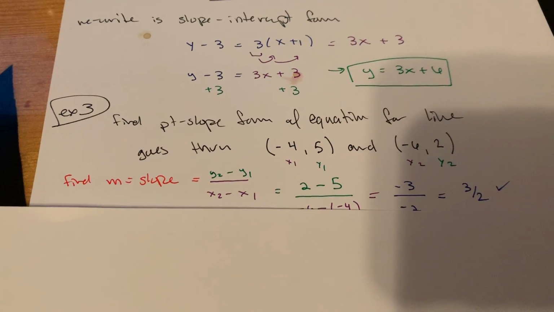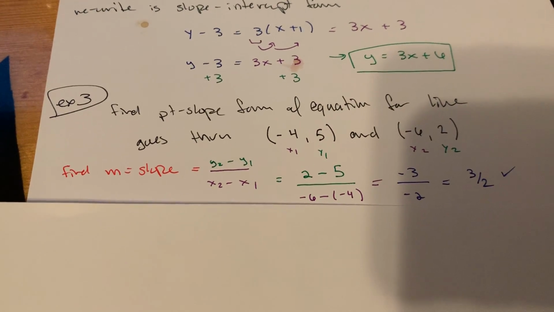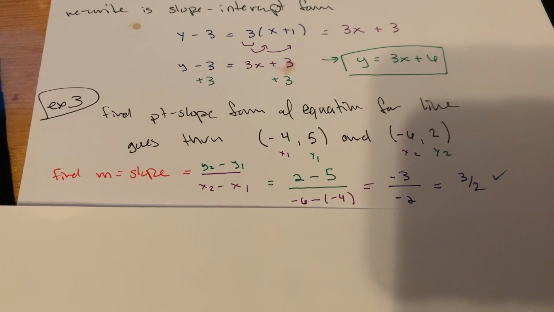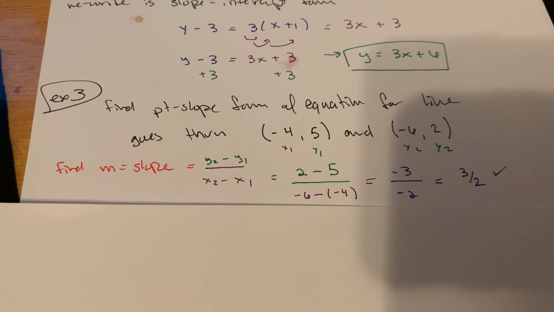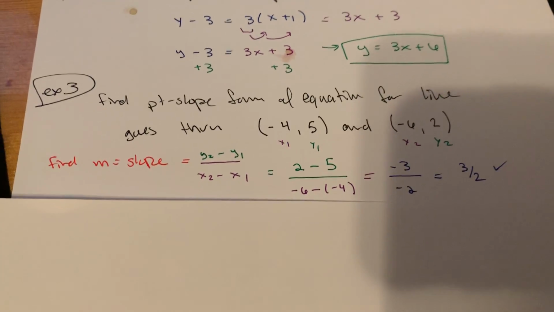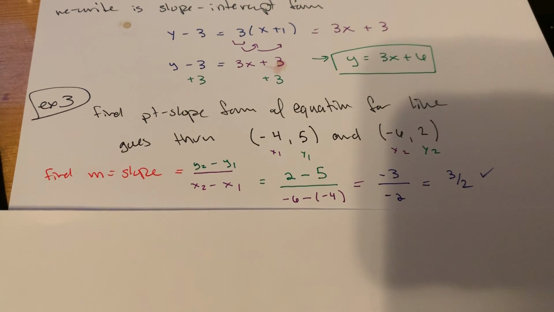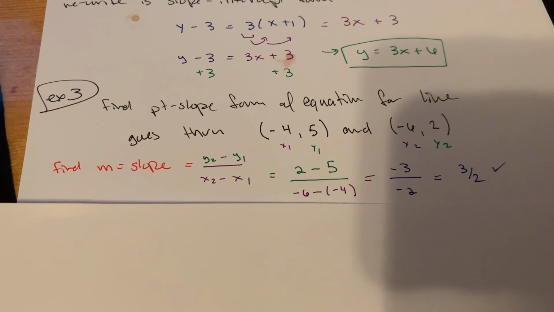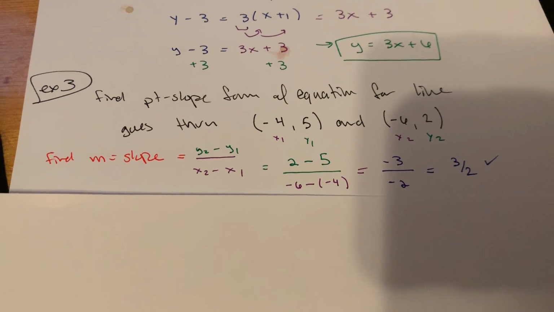So I'll just set up my slope formula. We can see it here, right? So y2 minus y1 over x2 minus x1. That's going to be our slope calculation. That's our rise over run, as we were saying in the other video. The change in the y values divided by the change in the x values. As long as I'm being consistent with which one I'm calling point 1 and point 2, I'm pretty much good to go.